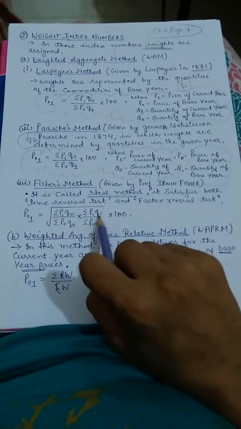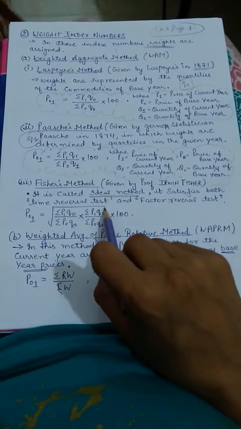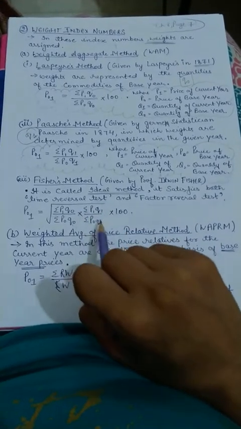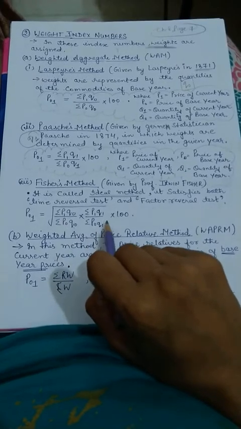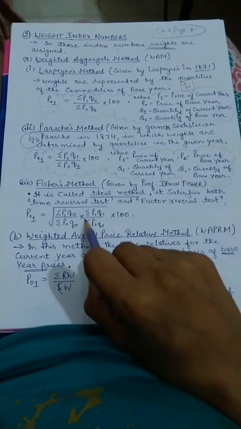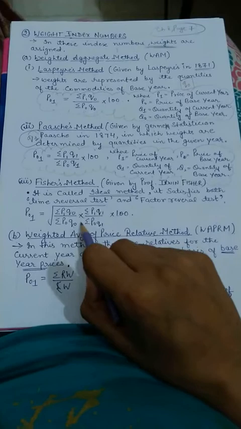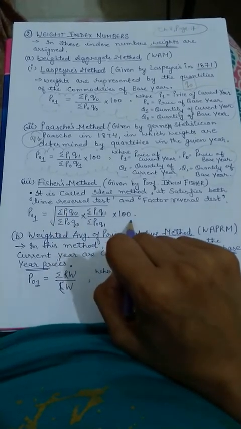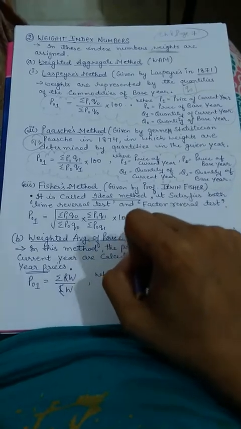Then the product of P1 and Q1, its total is taken over here, then P0 Q1 product and their sigma. Sigma means total. All these values are under the root sign and multiplied by 100.